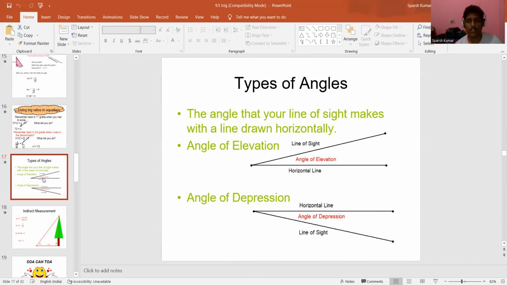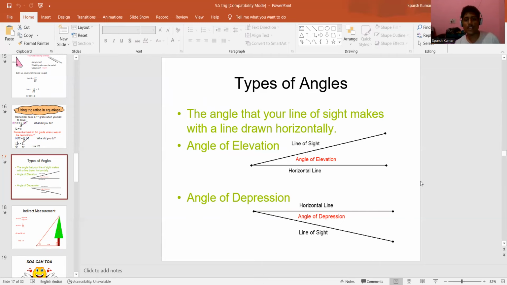Now let's jump to the topic of types of angles. This is the thing which we will apply in real life. Suppose you have a horizontal line and you are looking above it. Suppose you are standing on the ground and you are looking at a tree.